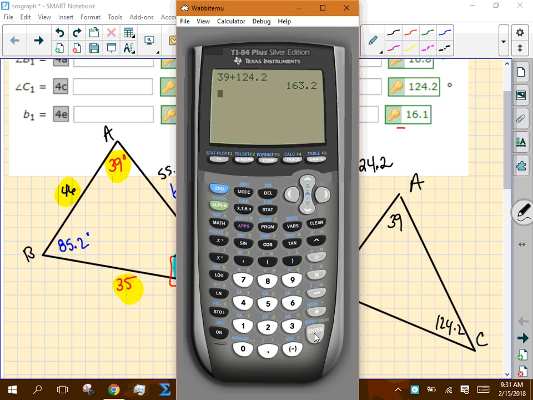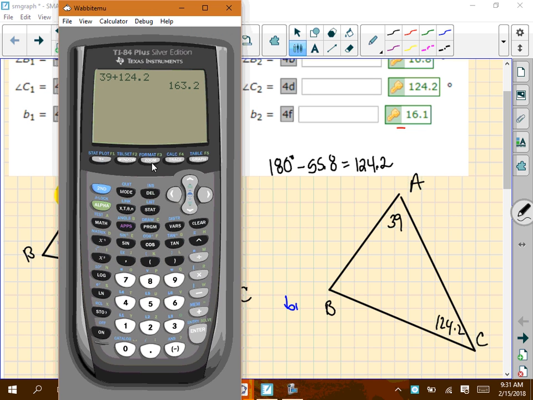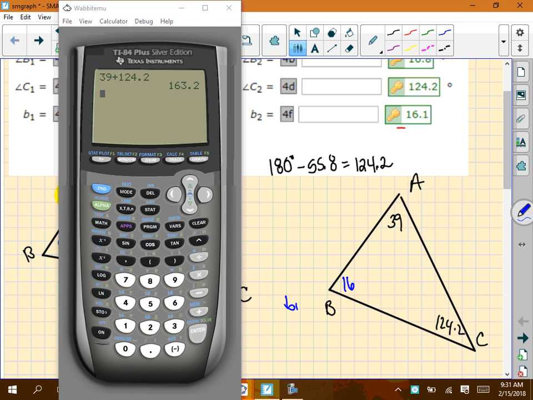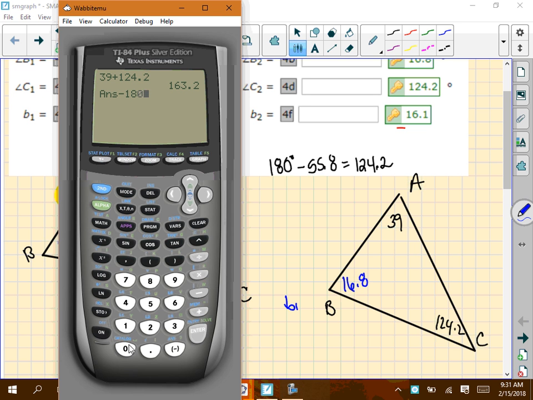Okay. So I do then have a measurement here. What's that going to be? 16.8. I have 16.8. Remove that from 180. I know I'm doing the subtraction backwards, but get rid of the negative. So you get 16.8, right, for that angle measurement. So that triangle does exist.